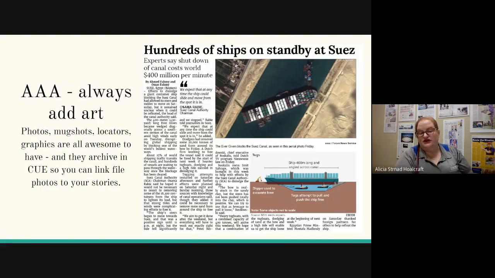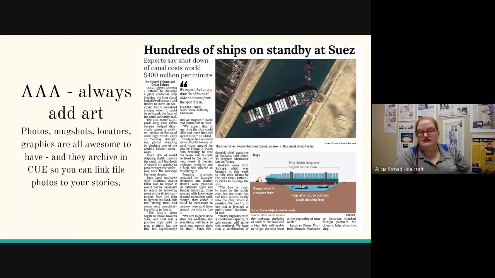The great thing about Q is that it archives all the photos that have been uploaded in it, so you can actually do a search in Q. So if, for instance, you were doing a story about Minnesota government, you can search Tim Walz, and Tim Walz will come up in there, and there's a duplicate function in Q, so you can duplicate that photo, and edit the cut line, edit the date, to make it match what your story is and attach it to your story.